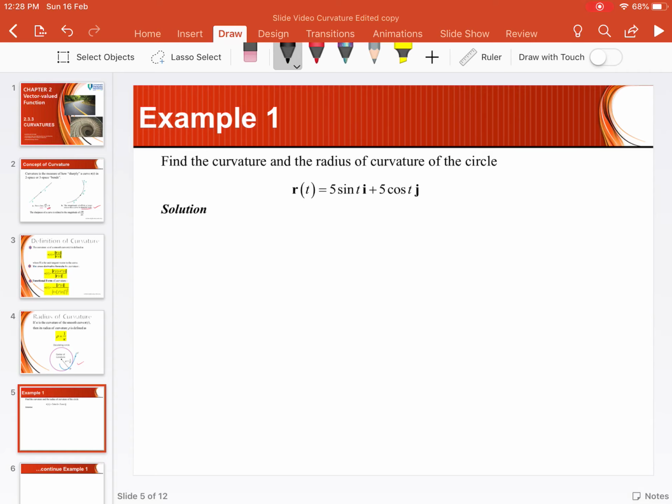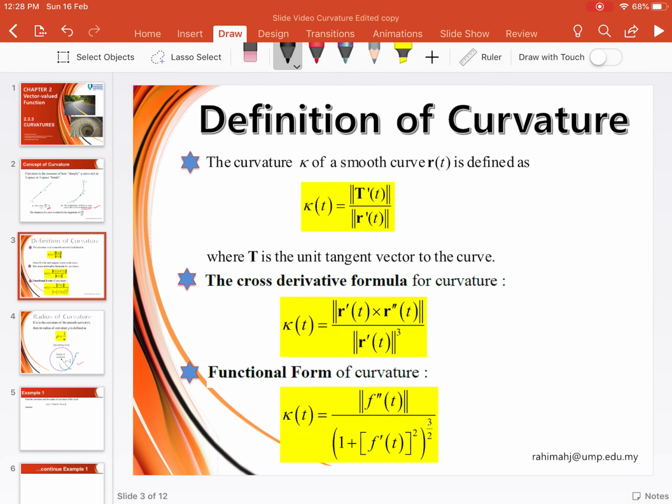Let us solve example number 1. First of all, we need to find the unit tangent vector. So for the first example, I'm going to use the first formula. Okay, so I'm going to use this formula. All right.